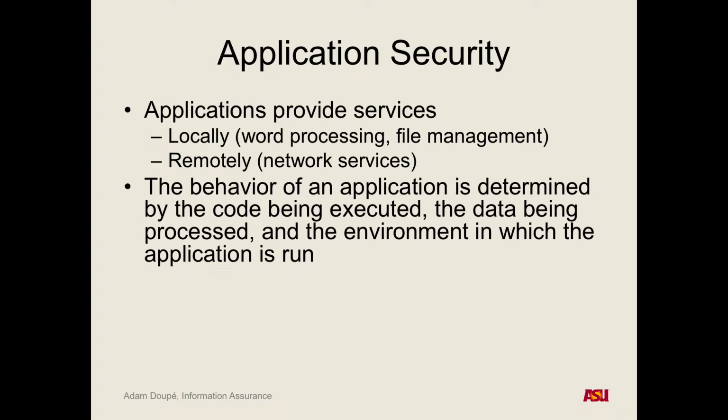So the way to think about it is what an application does, the behavior of the application, and this is an important thing to think about, especially when you start thinking adversarially about how to compromise an application. It's not always the code, right? The code is one thing that says what it does, but that code interacts with the data being processed, so user input, and depending on what input you give, different things may happen, one of which you could take advantage of.